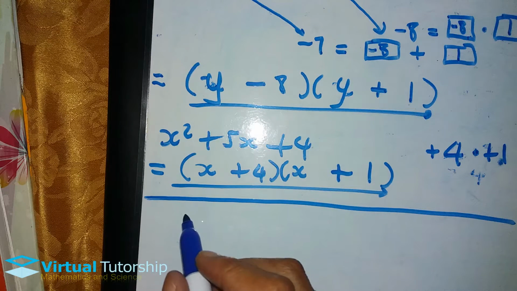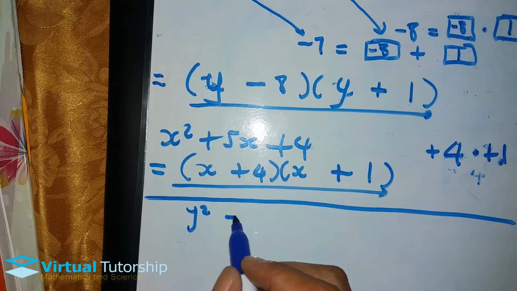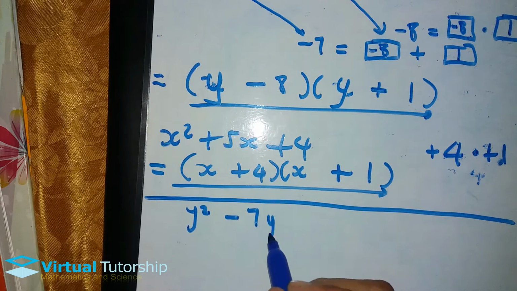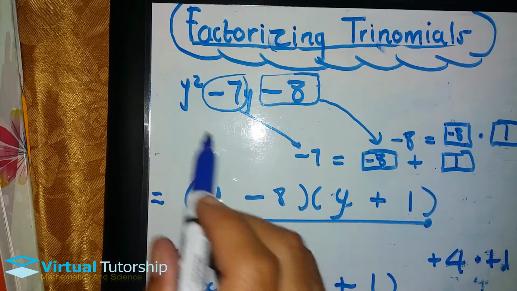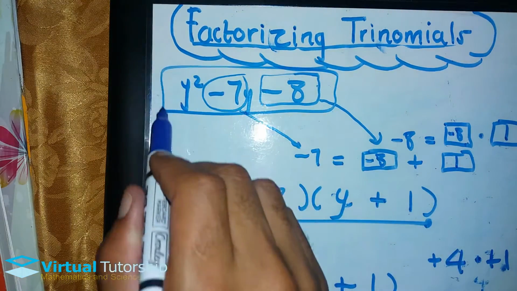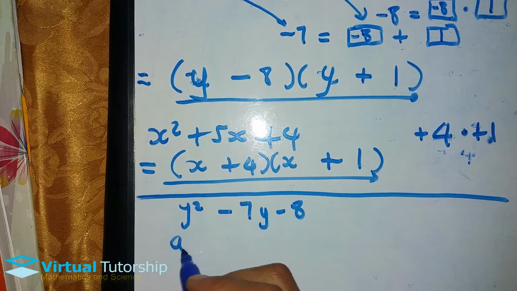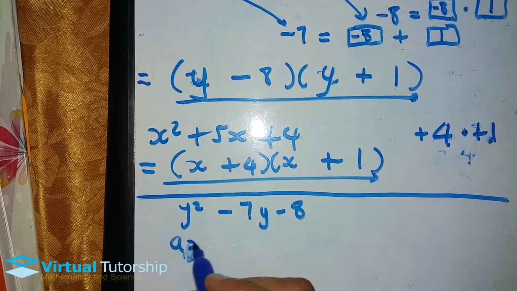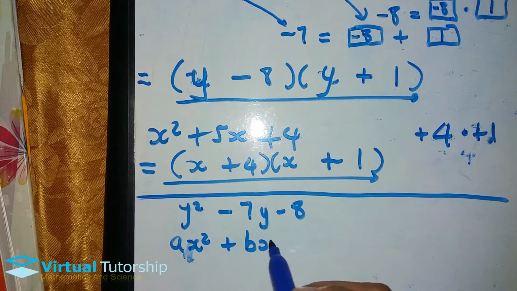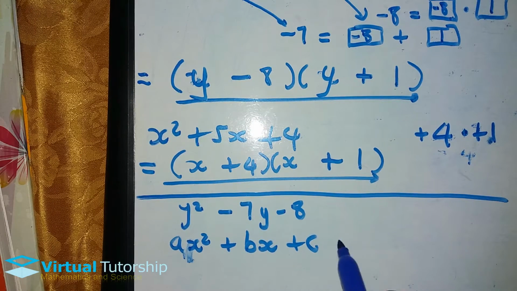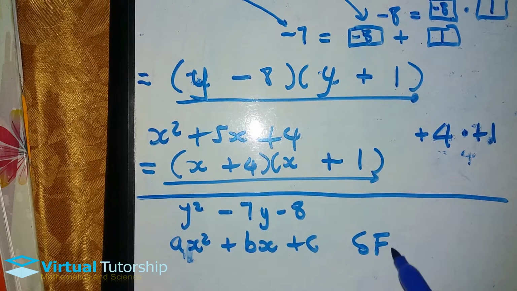Okay, let's go back. There's y squared minus 7y minus 8. Look at this example. If I write it in standard form, it's ax squared plus bx plus c. This is the standard form.